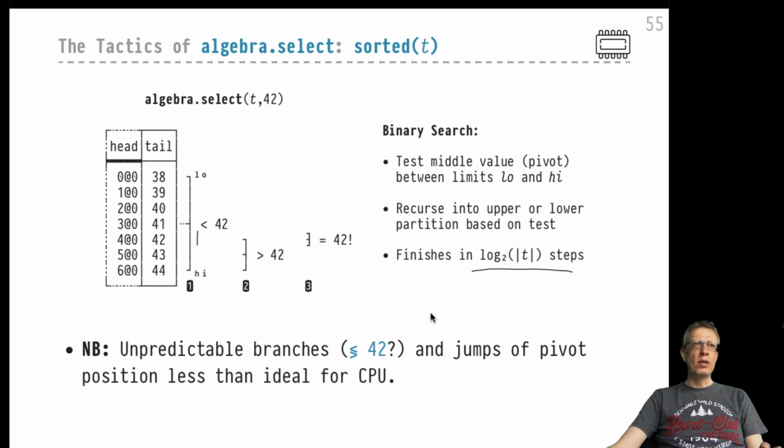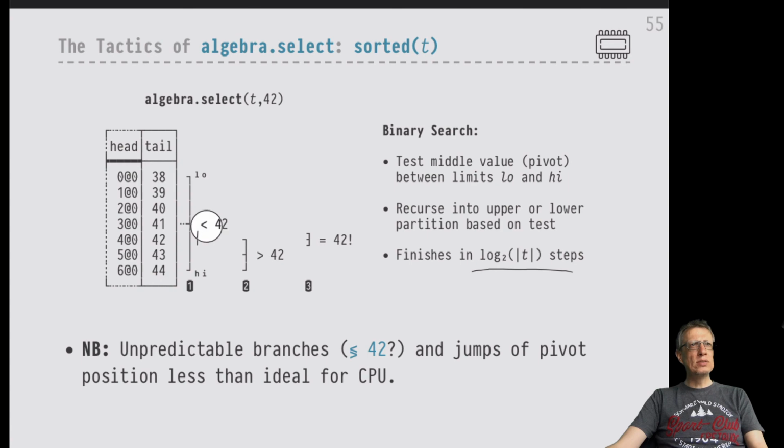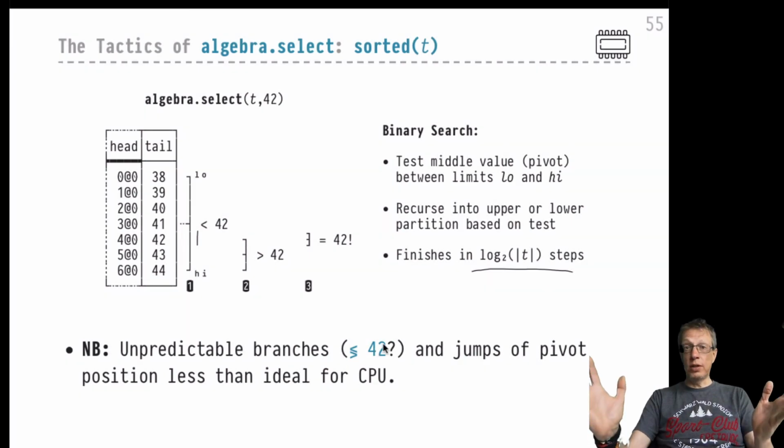It involves fewer comparisons and fewer steps in the overall algorithm, but of course it involves the comparisons of our pivots with the search values. So these comparisons are indicated on the slide here. And the outcome of these comparisons is completely unknown.